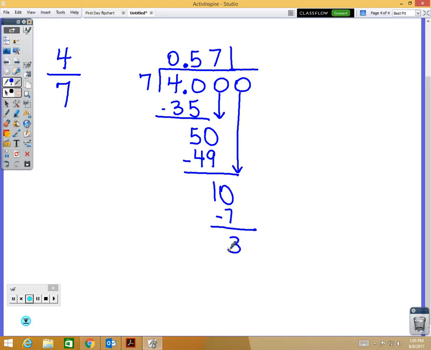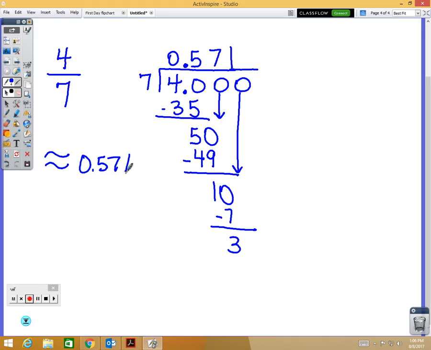So even though it does keep going and we'll eventually see that it repeats, we can just say, see how that's like an equal sign but it's wiggly? That means it's about, it's like an estimate, okay? It doesn't mean that it's exactly 0.571. So yes, that's fine if you want to just round and not do all the decimal places.